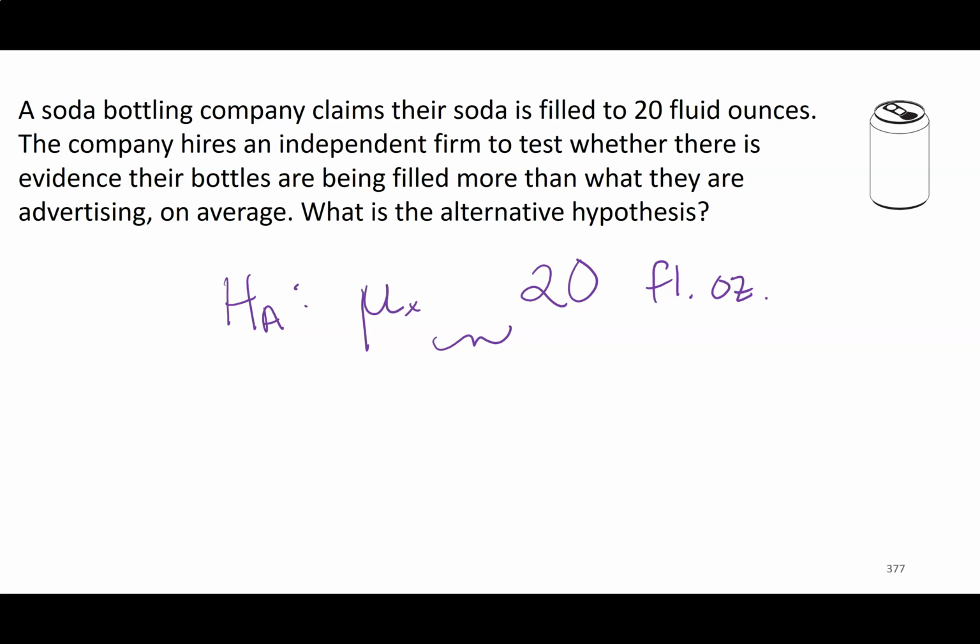It's not going to be an equal sign, so it could be not equal, greater than, or less than, but we need to read the prompt and make sure which it is. So they want to know whether there's evidence their bottles are being filled more than. So I'm going to have a greater than sign. They're only interested if they're overfilling on average. So this is a one-sided test.